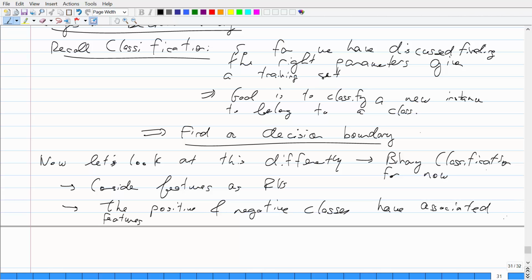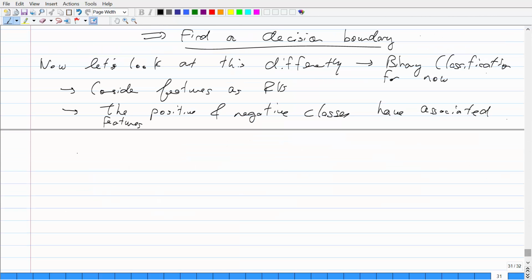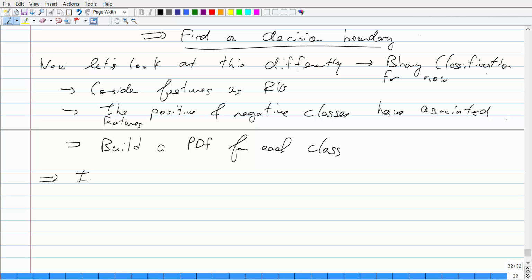Okay, so what we can do is build a PDF for each class. All right, so build a probability model. Okay, so in this course, as I talked about, the features are Gaussian distributed.